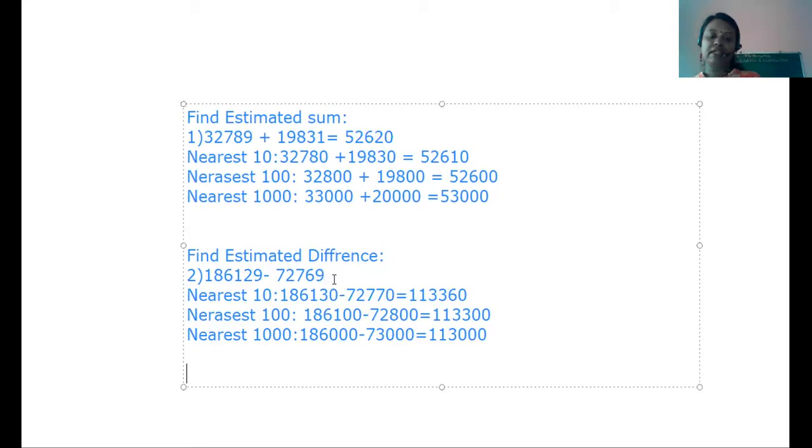Whereas for the difference, let us find the actual difference. That is 1,86,129 minus 72,769. So the answer results to 1,13,360.